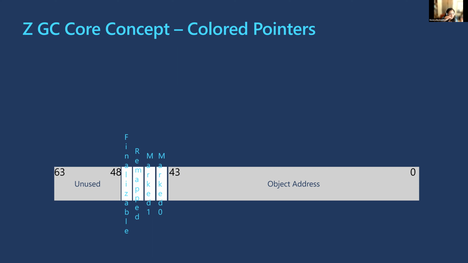So you could say, am I in marking phase? That's marked 0 and marked 1. Am I in remapped phase? And is this object finalizable? So it talks more to where in the GC process this object is lying, like where it is assigned to, so to speak, and what type of object it is. Very simple concept, but just by those tag bits, you can communicate so much more about the same object rather than making multiple copies of it.